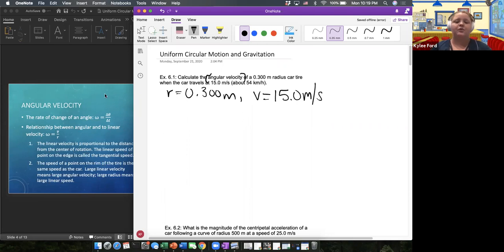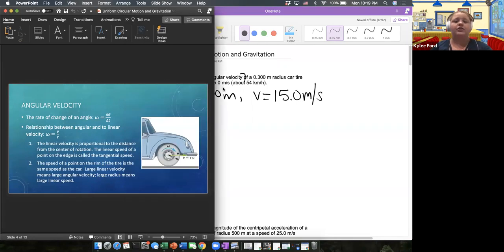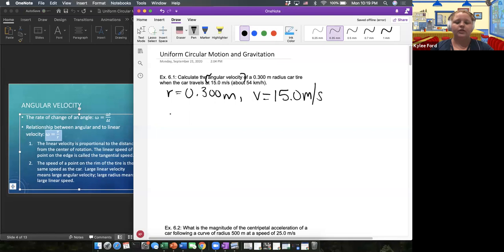So I'm going to go over to my PowerPoint now, or you could use your textbook, whichever one works. And I have this relationship here where angular velocity equals linear velocity divided by some radius. So this is what I'll be using. I'll plug everything in. I have 15 meters per second divided by 0.3 meters.